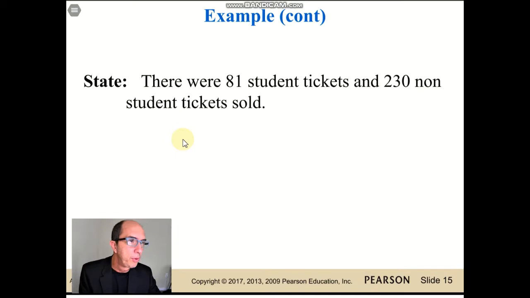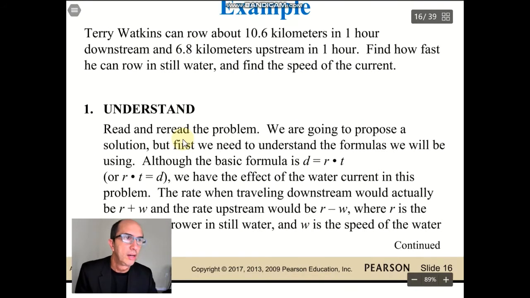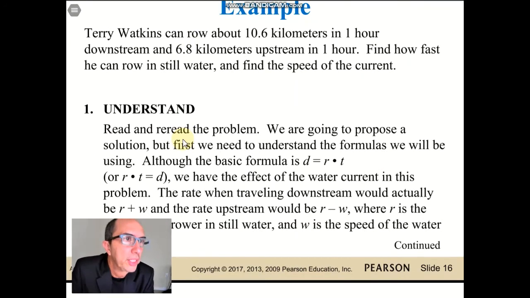Finish this example. Let's work another example more. Okay, let's work this one. New question. Terry Watkins can row about 10.6 kilometers in 1 hour downstream and 6.8 kilometers upstream in 1 hour.